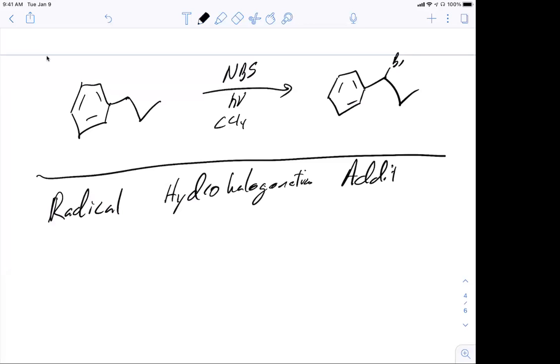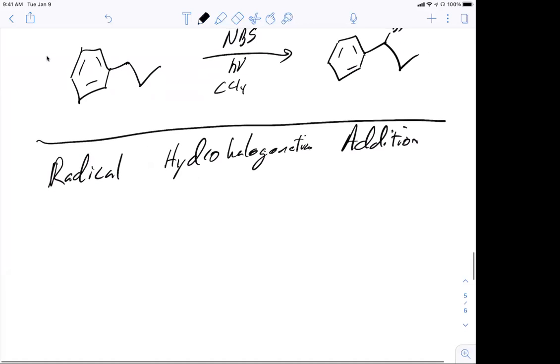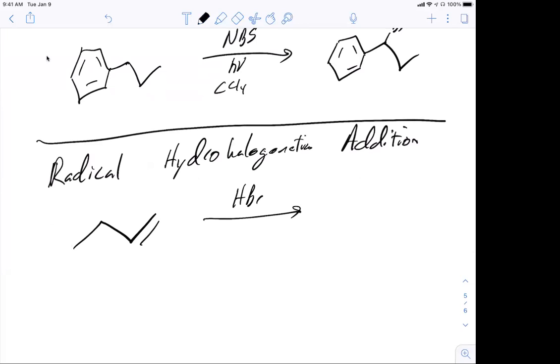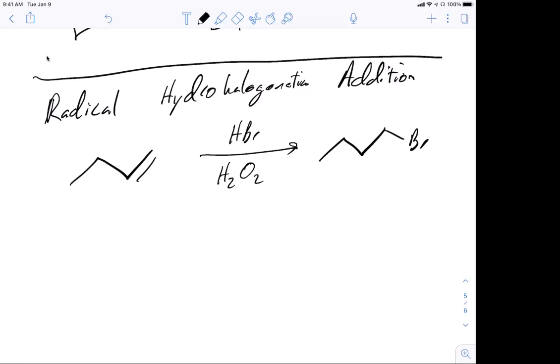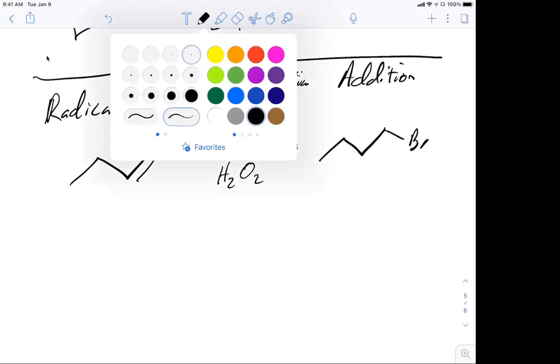Addition. So if we do an addition reaction with a hydrogen bromide and add hydrogen peroxide, we can get the anti-Markovnikov bromination.